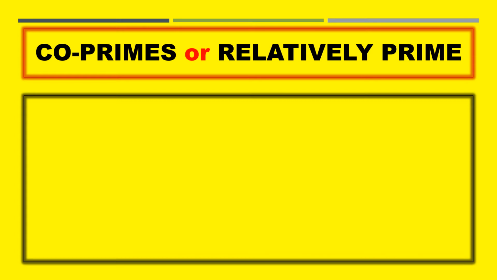Before going to the topic, I'll tell you one thing. You should be perfect with the prime numbers. What are prime numbers? Because these co-primes or relatively prime numbers are related to the prime numbers topic, you should be perfect with what are factors, what are prime numbers, what are composite numbers.